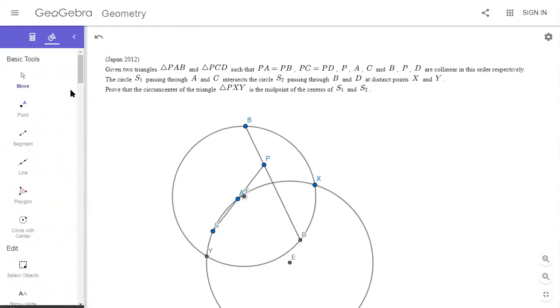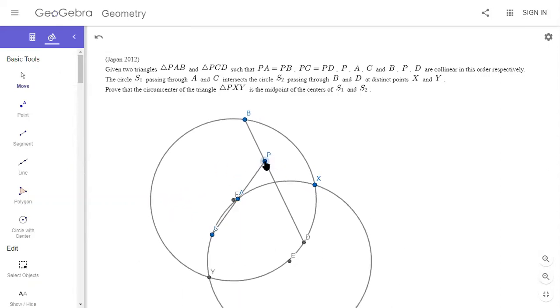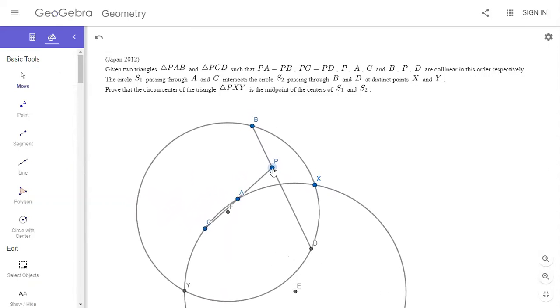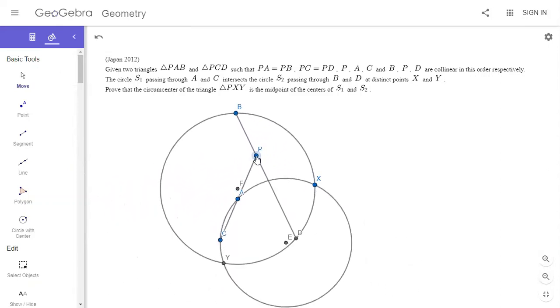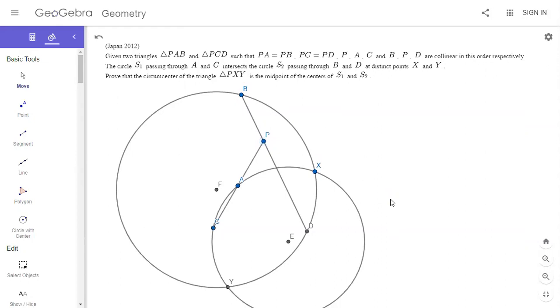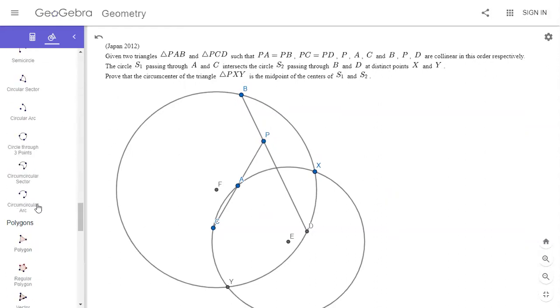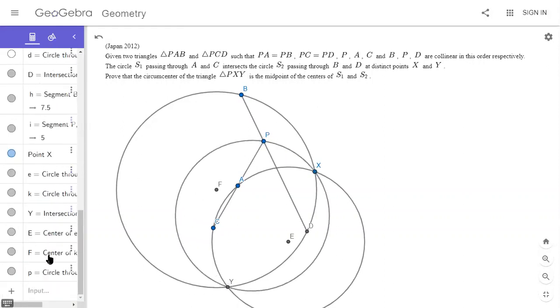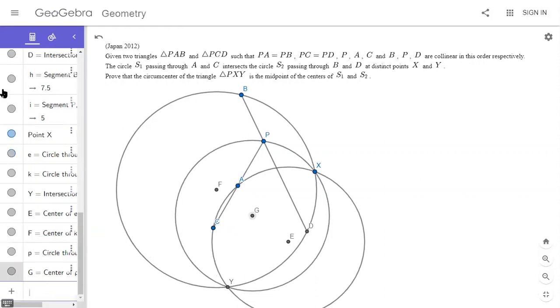What's a good way to draw it? That looks pretty decent. And then we want to draw the circumcenter of PXY. All right.